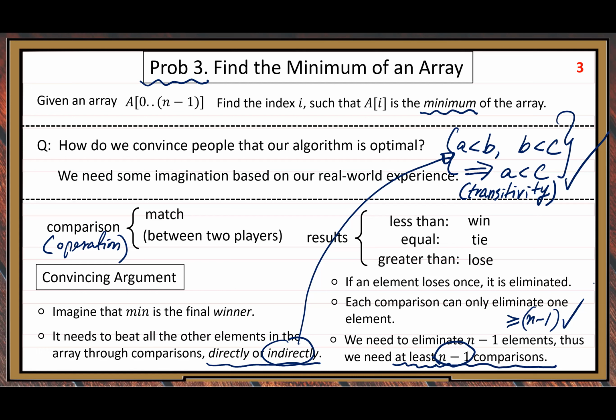This property is so general that it covers all those unknown algorithms. So that's the reason we can study the optimality issue for all the algorithms that solve our problem number 3, find the minimum of an array.